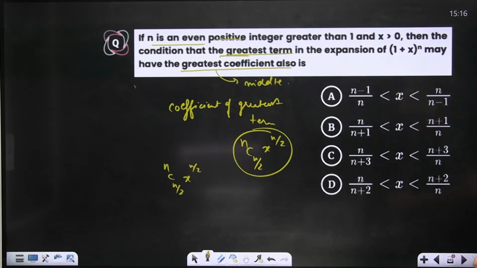The fourth term, no? Wait, something is wrong. Yeah, correct only. nC(n/2) only is coming.